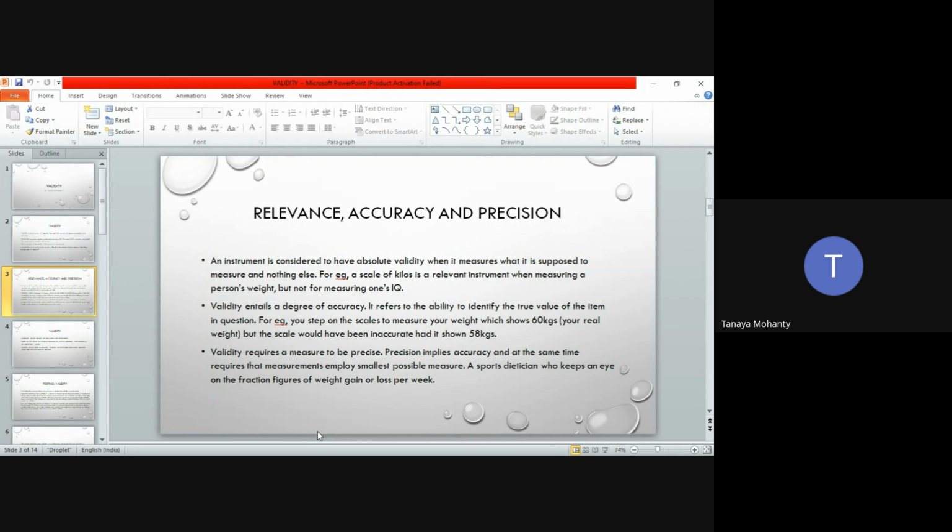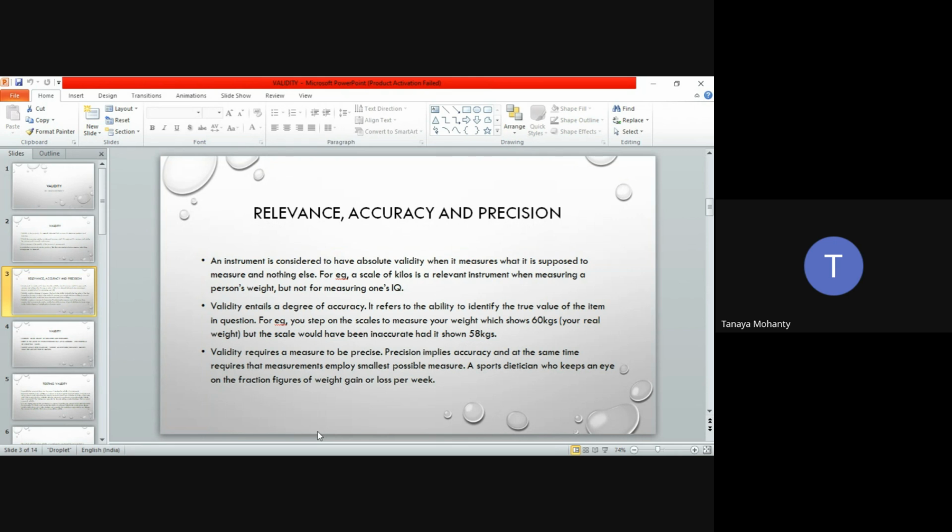So precision implies accuracy and at the same time requires that the measurement employ the smallest possible measures. So validity is about relevance, that is picking up the correct instrument. Second is measurement, that talks about accuracy. Is the instrument that you have picked up, that relevant instrument, giving the right result?